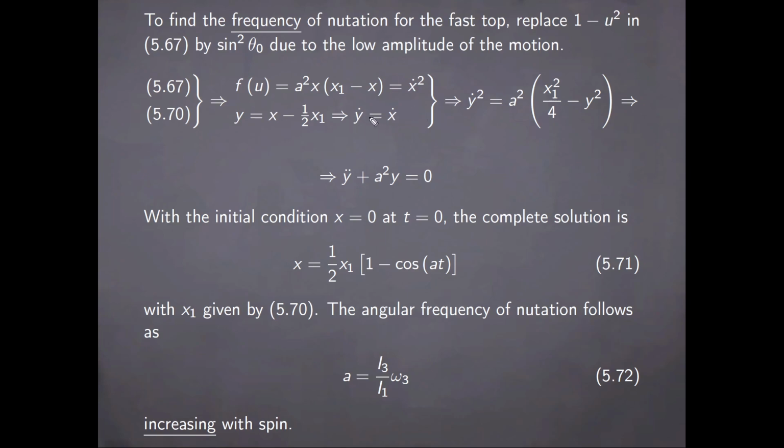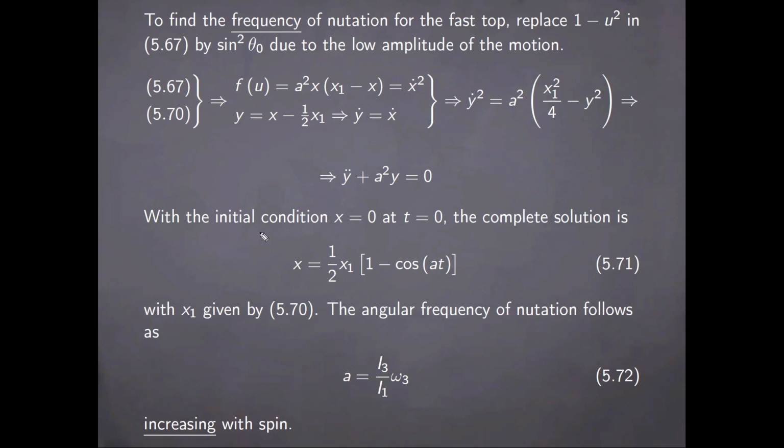And the reason we do this is because if we perform the change, then the differential equation acquires the form here. And if we take the derivative with respect to time again, it turns out that this is just the equation of a simple harmonic oscillator.